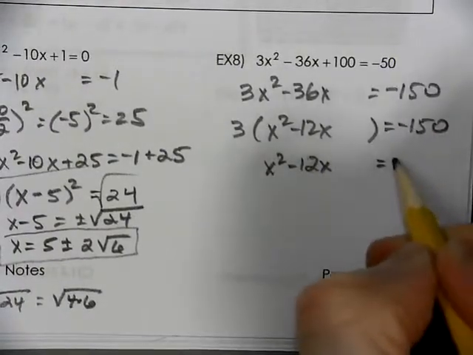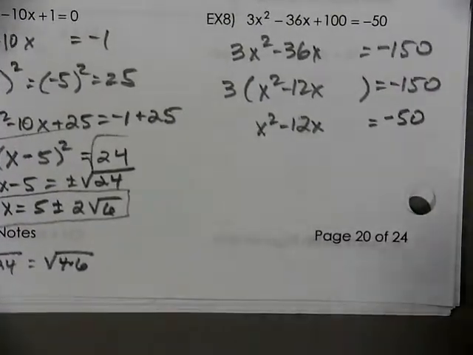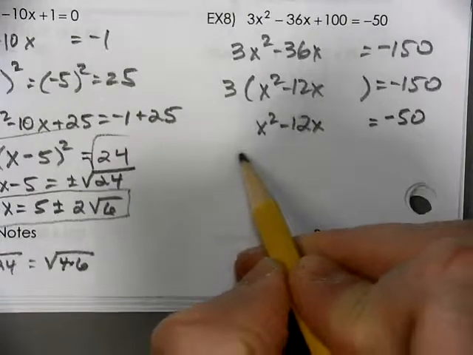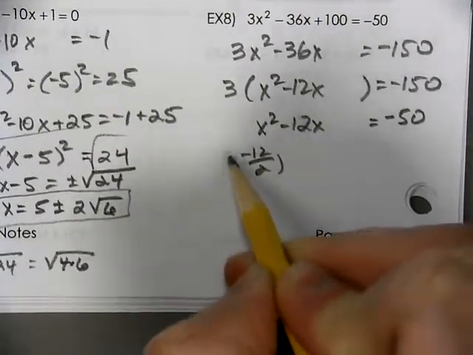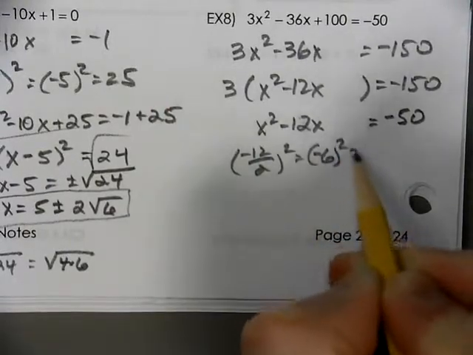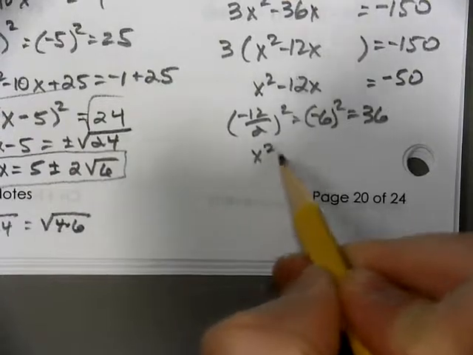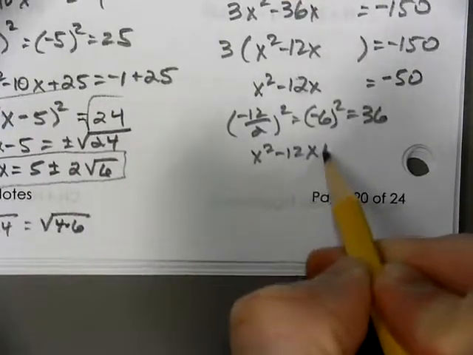When you divide that by 3, we get negative 50. We're going to take our b value, divide it by 2, square it. We're going to add the 36 to both sides of the equal sign.